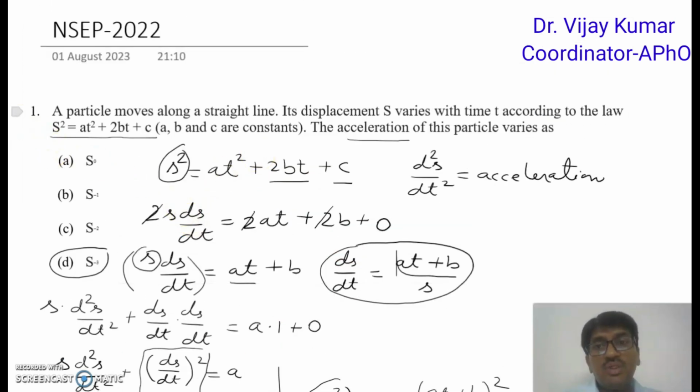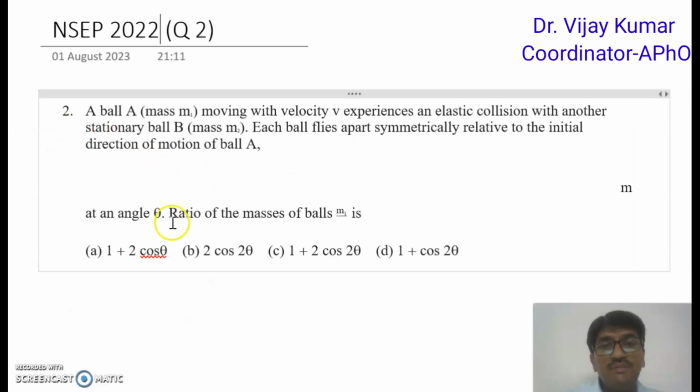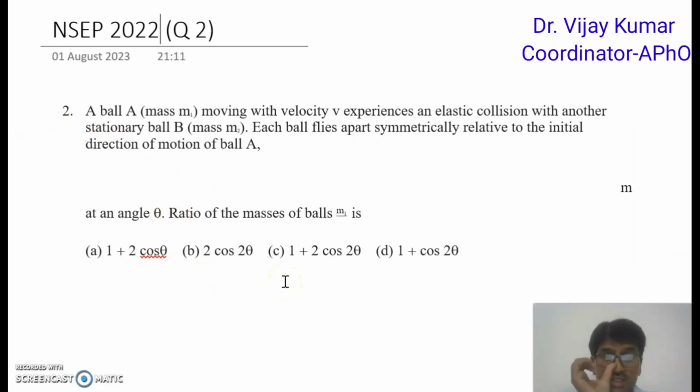Now we will move towards the second problem, and the second problem is: a ball A of mass m1 moving with velocity v experiences an elastic collision with another stationary ball of mass m2. This is mass m2, this is mass m1.